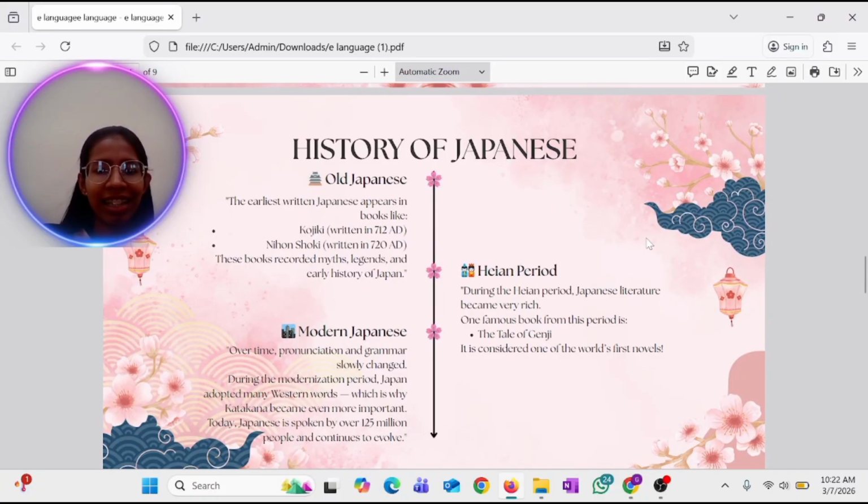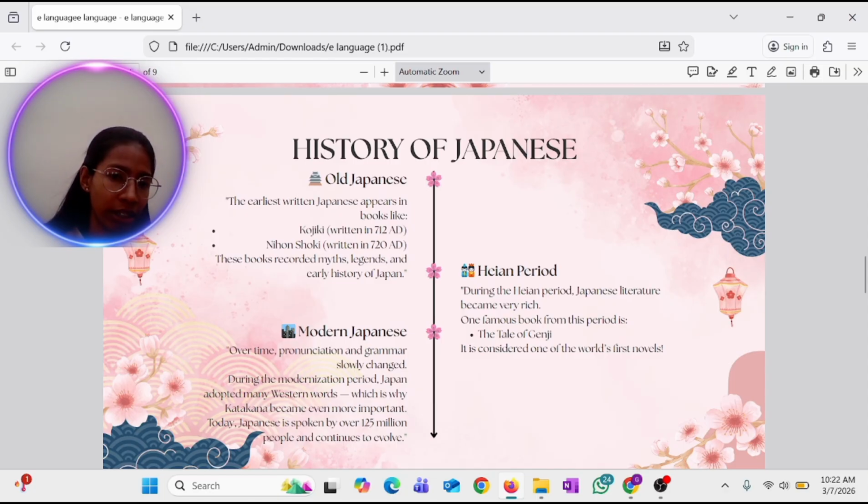And then there is a history of Japanese culture. We know there are three periods. We can say this is the first period, this is the second period, and this is the third period. In the first period, that is the old Japanese culture, it appeared in books.